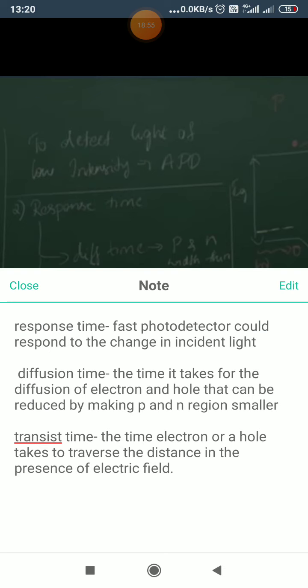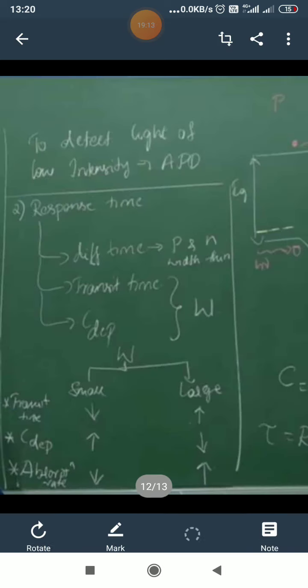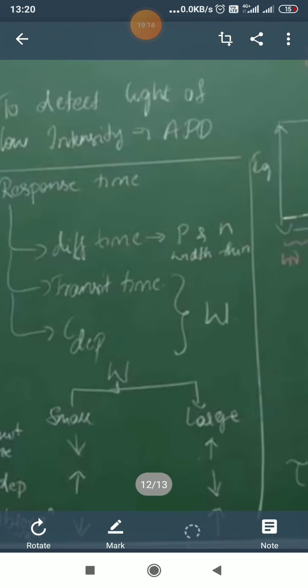This is one parameter to measure photodetectors. To find whether a photodetector is slow responding or fast responding, it depends upon three parameters: the first is diffusion time, the second is transit time, and the third is the depletion capacitance.